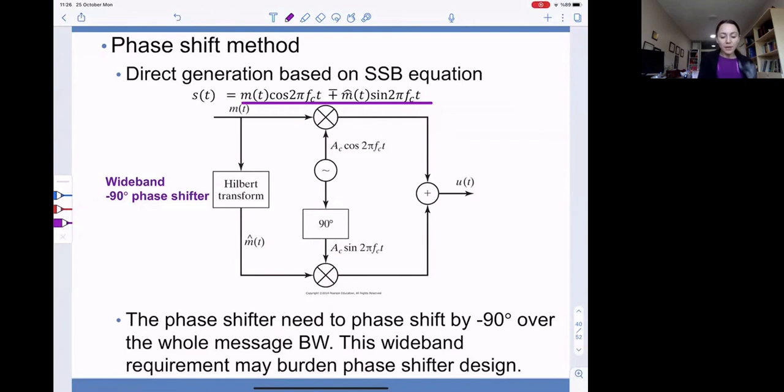So the mathematical expression of SSB in the time domain is m(t) cosine plus or minus m hat(t), the Hilbert transform, times sine. The plus or minus depends on whether we're doing upper sideband or lower sideband. Which one is upper? Which one is lower?